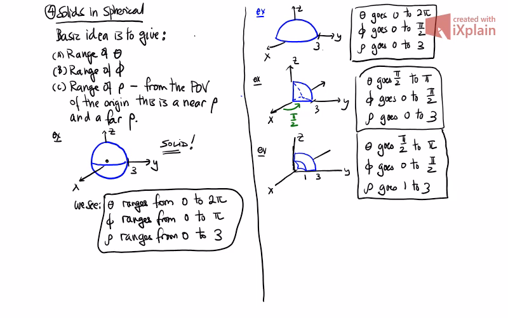A little note before we proceed is that in all of these cases, the theta and phi values are constant ranges. That won't always be true for rho. We'll see an example in a minute.